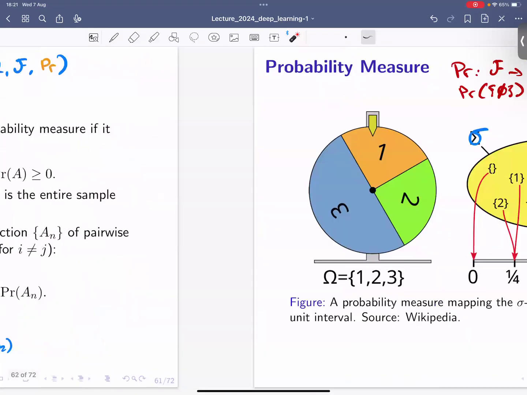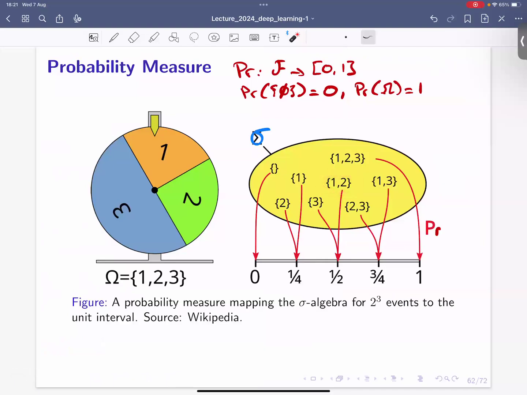So what we said is that for {1,2}, the probability is going to be the probability of 1, which is 1 quarter, and the probability of 2, which is 1 quarter, so that's 1/2. For the probability of {1,3}, it's going to be the probability of 1, which is 1 quarter, plus the probability of 3, which is 1/2, which gives us 3/4.